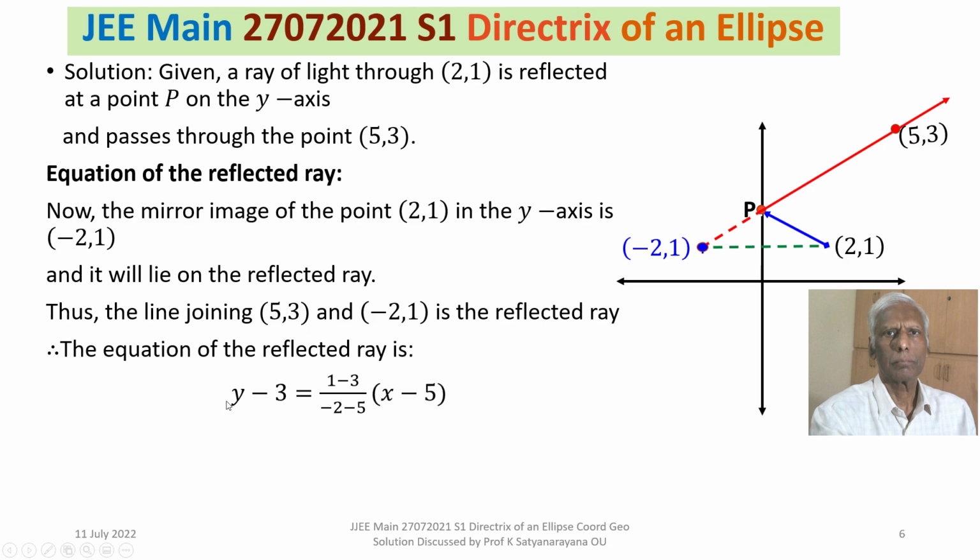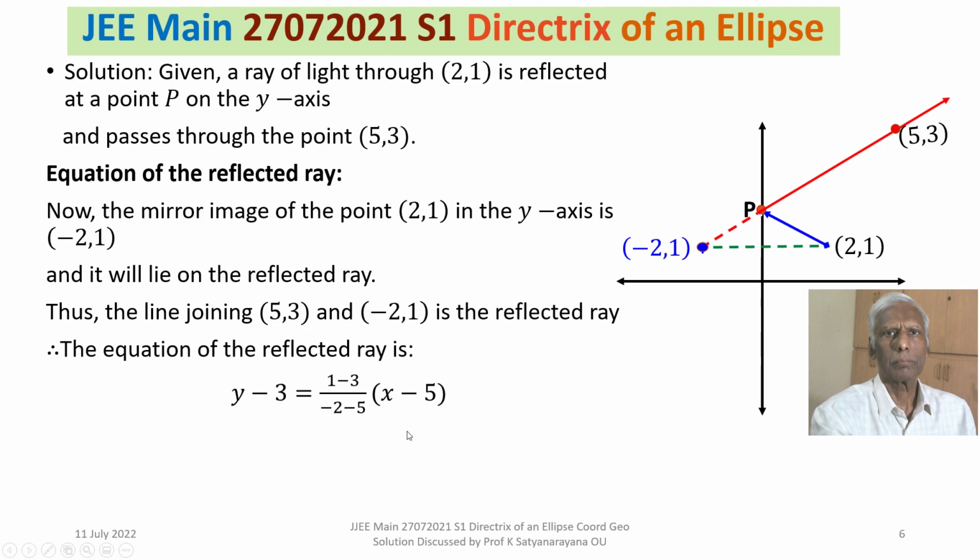So, we write y minus 3 equals (1 minus 3) by (-2 minus 5) into (x minus 5). This is -2 by -7, which is 2 by 7.